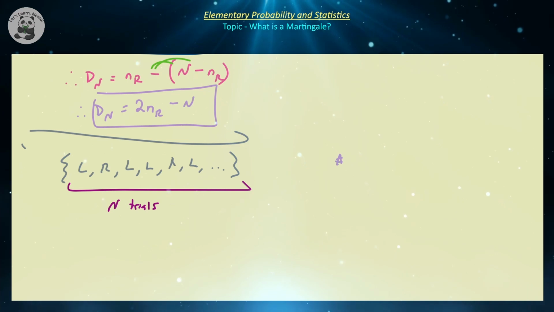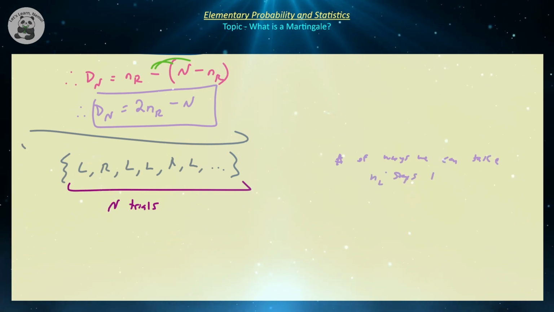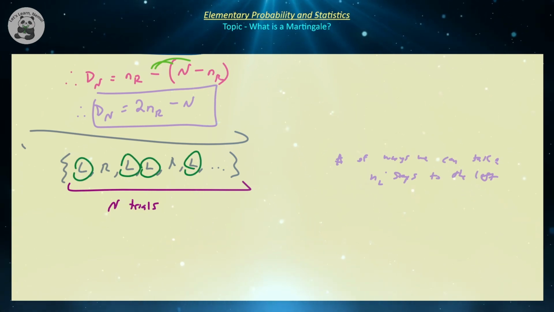Because technically speaking, in this sequence of trials, either finite or countably infinite, the L's don't need to be in this position, but they can be rearranged as long as you keep the number nl fixed.